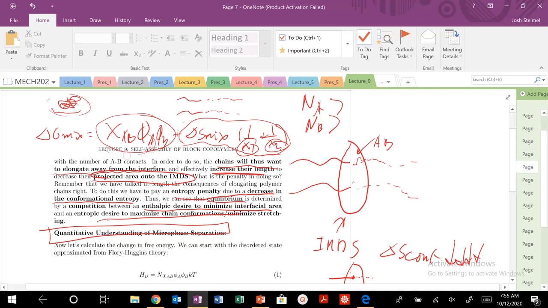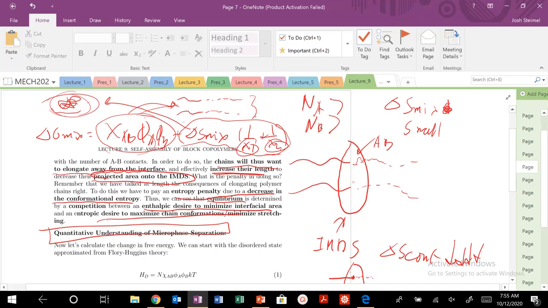These chi AB interactions want us to go into this state right here. Well, what else can be pushing us towards this mixed state? We know that this enthalpic contribution wants to go here. This one wants to go into the mixed state, but again, delta S of mixing here is going to be very, very small in magnitude.